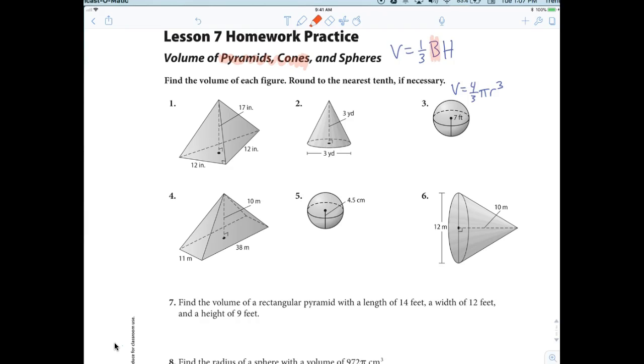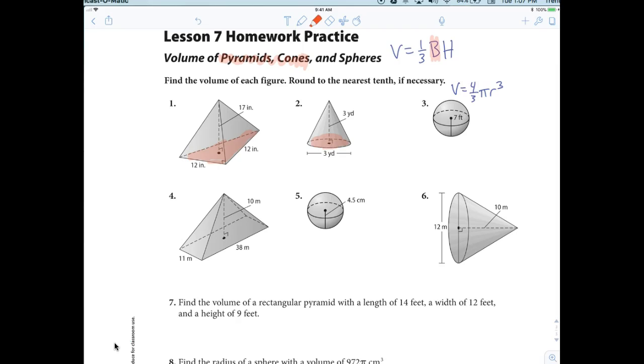All right. The base shape of a pyramid or a cone can change. Look at the first one. What is the base of this pyramid right here? What's the base called? What is that shape? A triangle. What's the base of this cone?